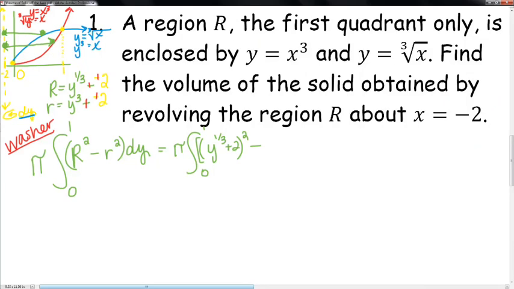And we're going to subtract that by my lowercase r, which is y to the 3rd plus 2. And this is all in terms of dy. So now let's go ahead and multiply our binomials out. There's my coefficient. I'm going from 0 to 1.